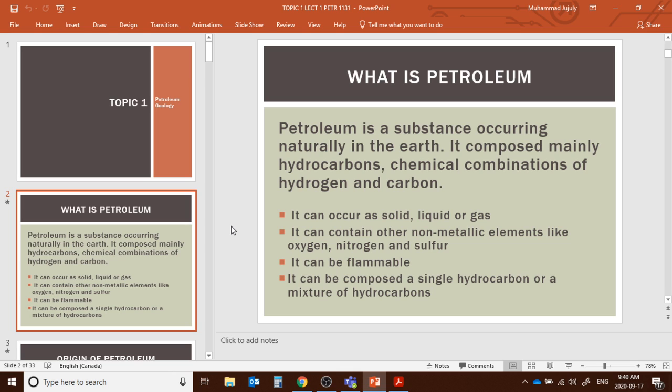So what is an example of a single hydrocarbon? Like methane. Okay? That's a single chain. Or if you mix, for instance crude oil, it's a mixture, right? It has a variety of different hydrocarbons mixed in one component. So it can be a single hydrocarbon or a mixture of hydrocarbons.